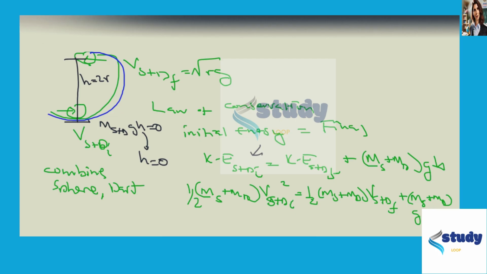And this is 2r. This height right here, as you can see, is twice the radius.